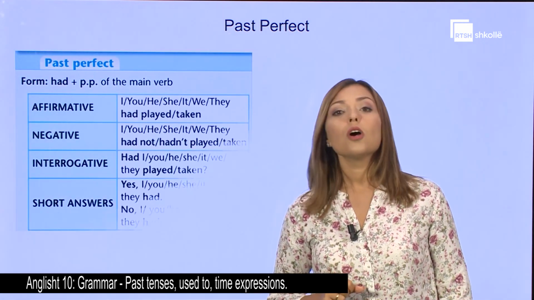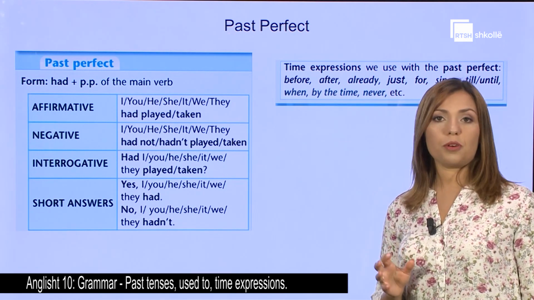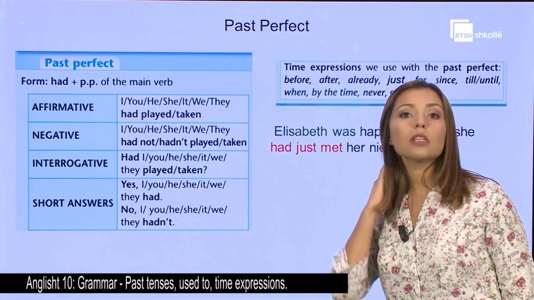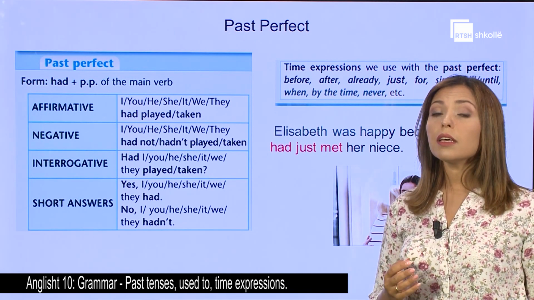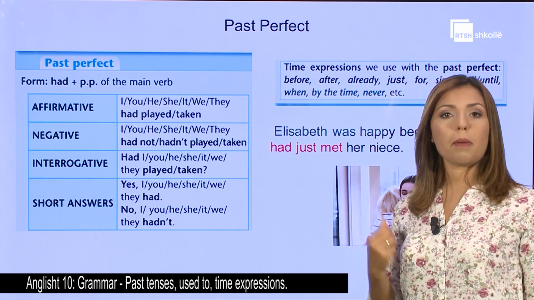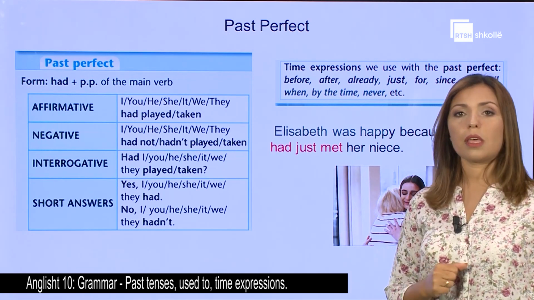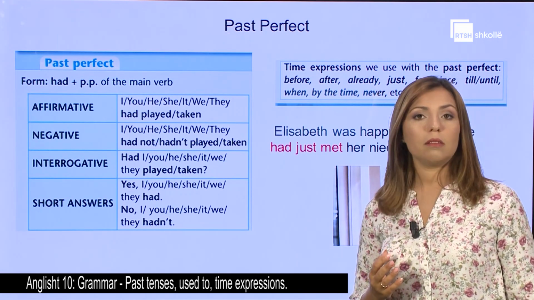All right. One more tense that we have in the past is the past perfect. So, which is the difference? Past perfect: something that I had done in the past before something else. So, how is it formed? With had.